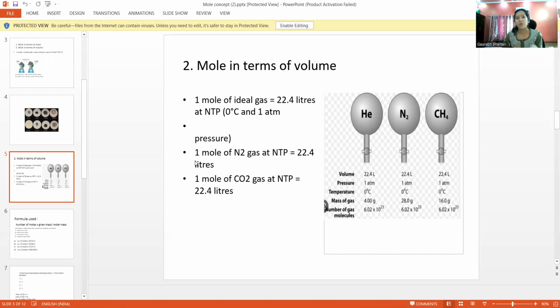This diagram is basically the application of both topics we have studied: the mole concept in terms of mass and the mole in terms of volume. All three gases have the same volume at NTP, and all of them have the same number of gas molecules, although their atomic masses are different.